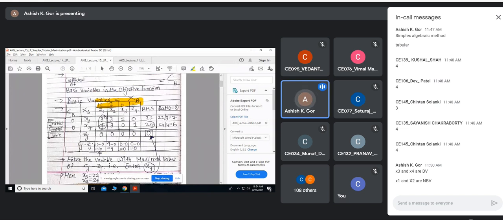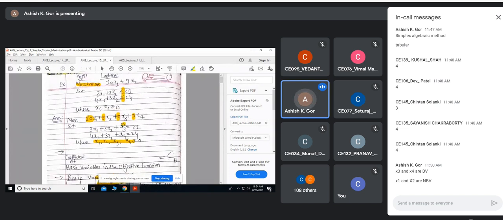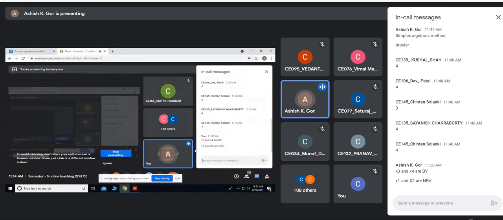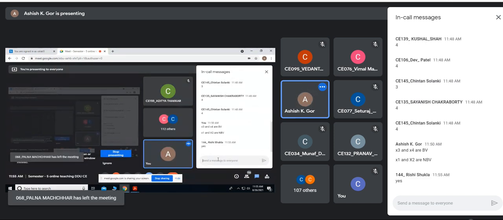Initially, the slack variables are the basic variables. So what are the initial basic variables? x3 and x4 are basic and the other two are non-basic. Now, is everybody clear up to this? Ratio and other calculations follow, but yes, fine.